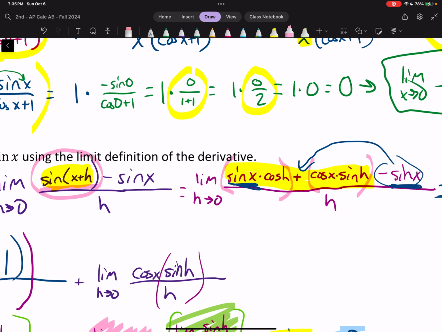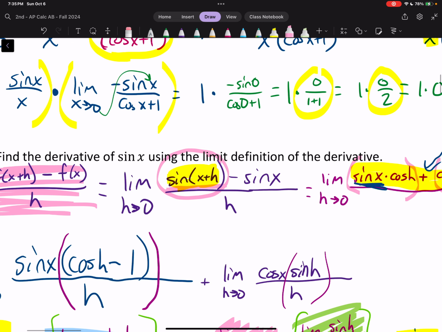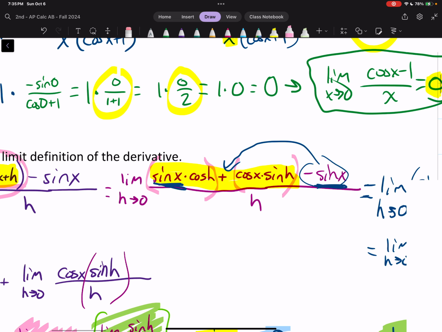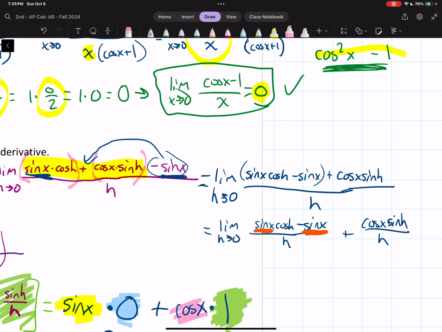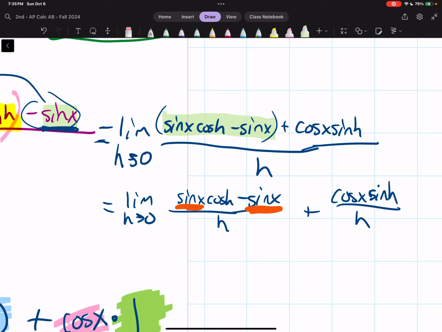Okay, so if we substitute all that in, we still have the minus sine of x from the minus f of x part in the numerator. All of that is over h. And because we've got this sine of x term in that first term here, and we have a minus sine of x at the end, if we group those together, and then the leftover plus cosine of x sine of h term comes second, then we can do our split, and we've got essentially a binomial on top over a monomial.